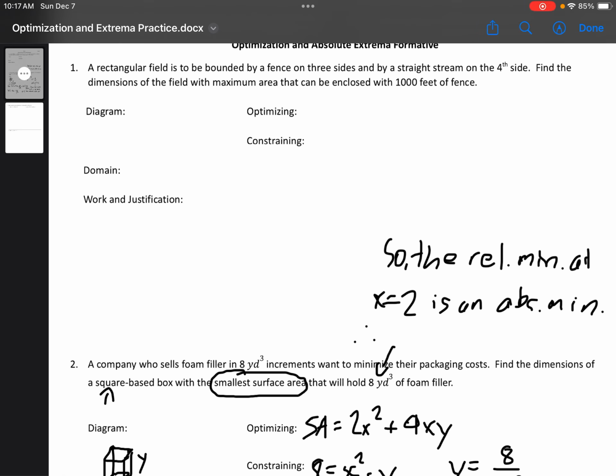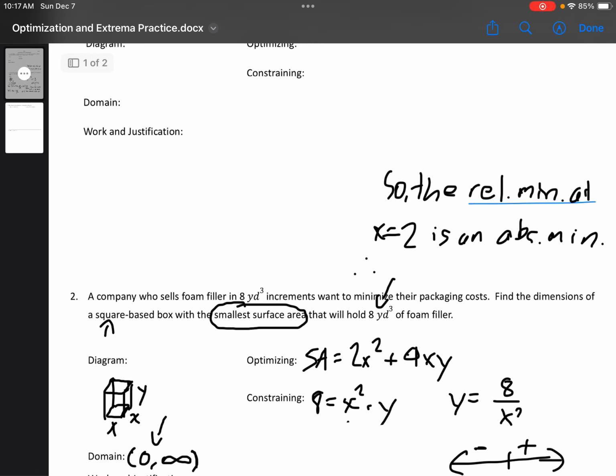Therefore, we want to connect our final answer back into the context of the problem. So you would say a base length of 2 yards minimizes production cost.